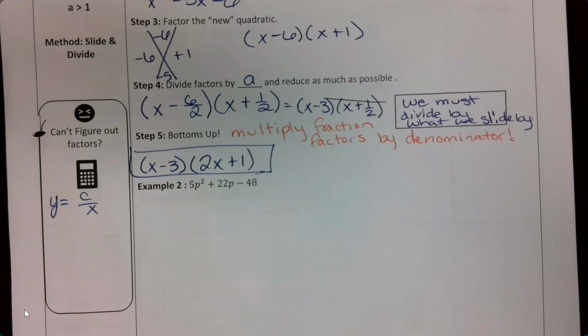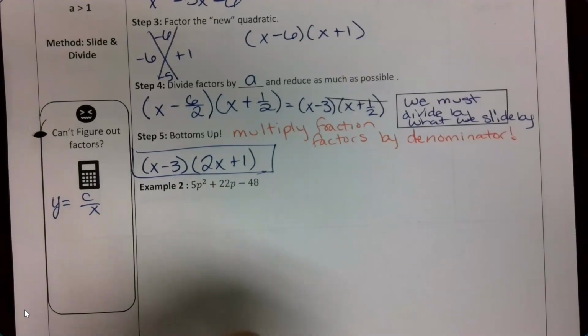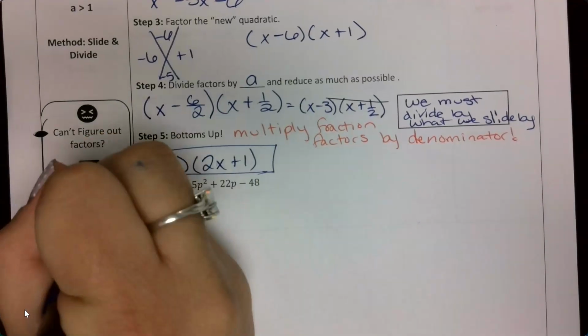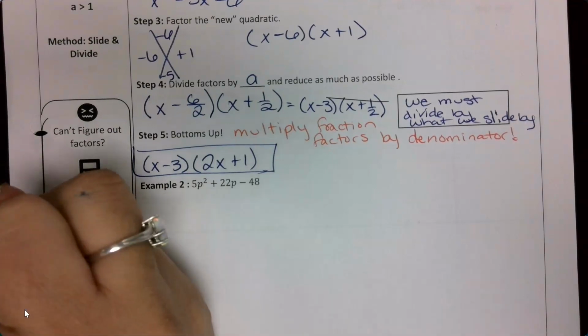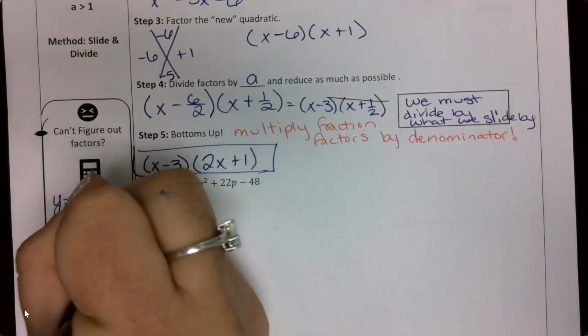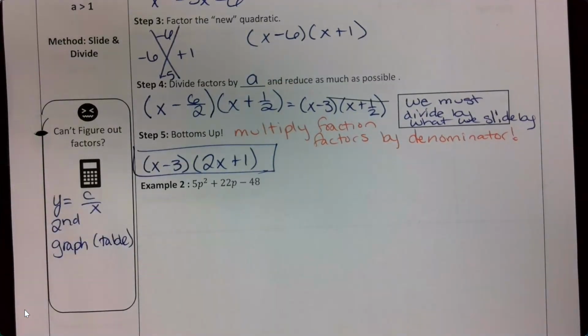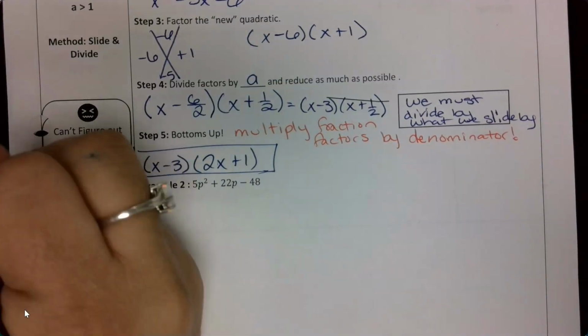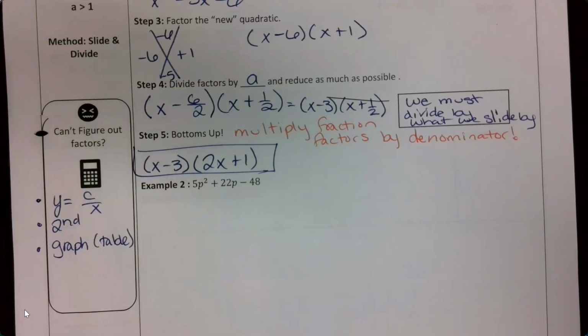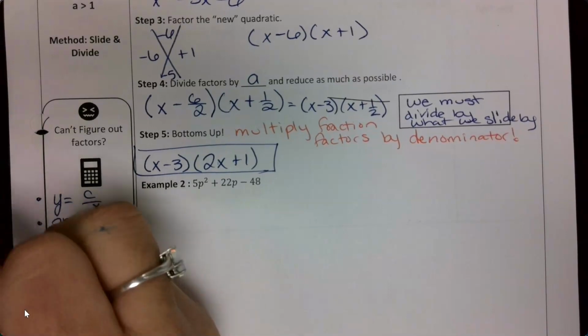Then I go second, and the button I want to press is graph, but above it, it says table. Then I can look for my whole number pairs.